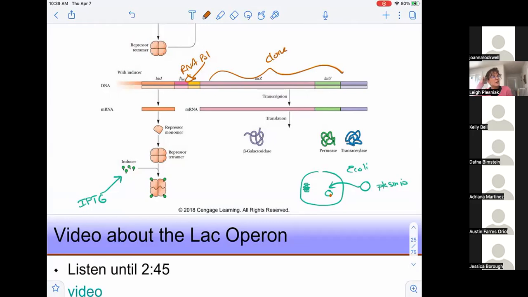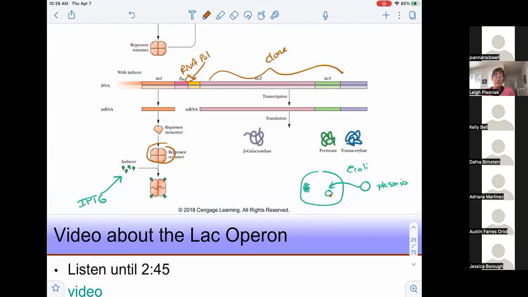If my E. coli is just growing or being stored, I don't want it to make my cloned protein. I want to make it when the cells are happy and when I'm ready to do something with it. So normally my cloned protein would be turned off by the lac repressor.